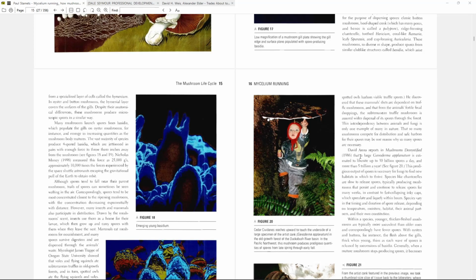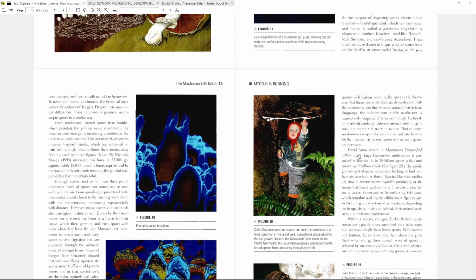He discovered that these mammals' diets are dependent on truffles, and that the animals' fertile droppings gave the subterranean truffle mushroom wider dispersal of its spores through the forest. This interdependency between animals and fungi is only one example of many in nature.